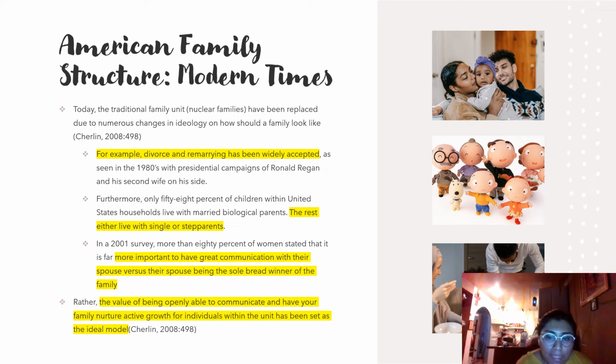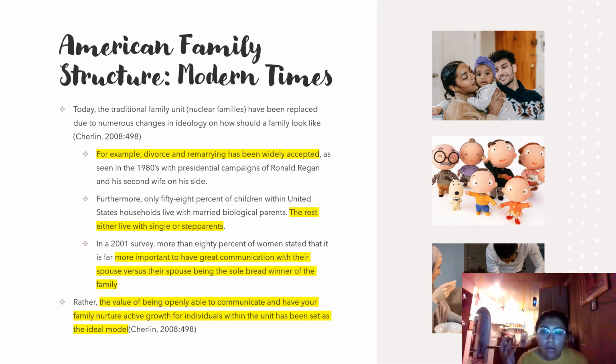And the main point that I think the reading drives home is that the ideal American family is no longer a set image of a white picket fence with a married couple with three kids and a dog and a brand new car. Rather, it's the value of being able to communicate and have your family nurture active growth for individuals within the unit, which has been set as the ideal model.